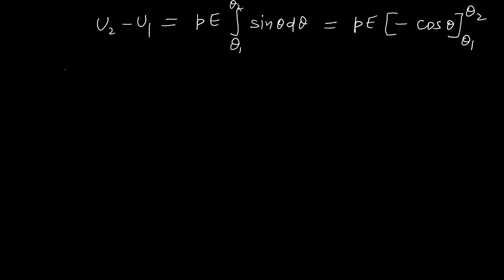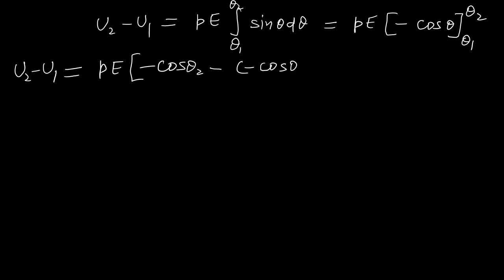On solving this equation further, this becomes u2 minus u1 equals p e times minus cos theta 2 minus cos theta 1. So we will get p e times cos theta 1 minus cos theta 2.